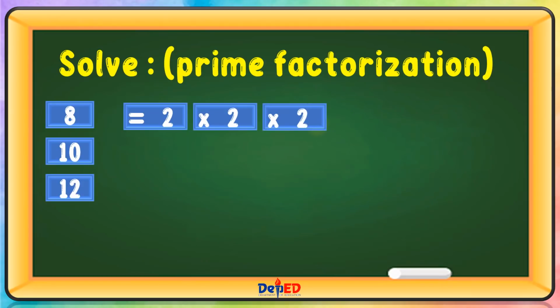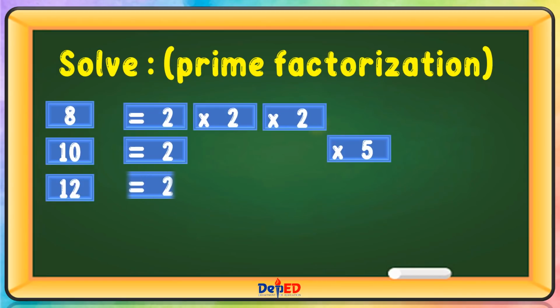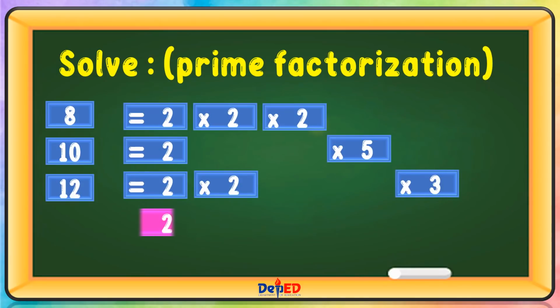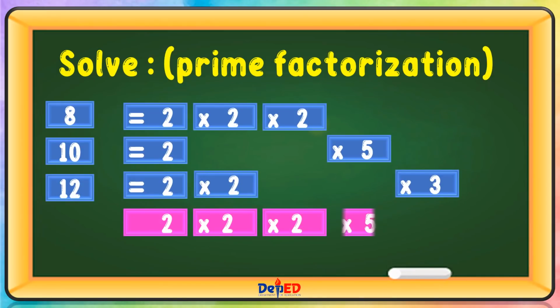The prime factorization of 10 is 2 times 5. The prime factorization of 12 is 2 times 2 times 3. 2 times 2 times 2 times 5 times 3 equals 120.